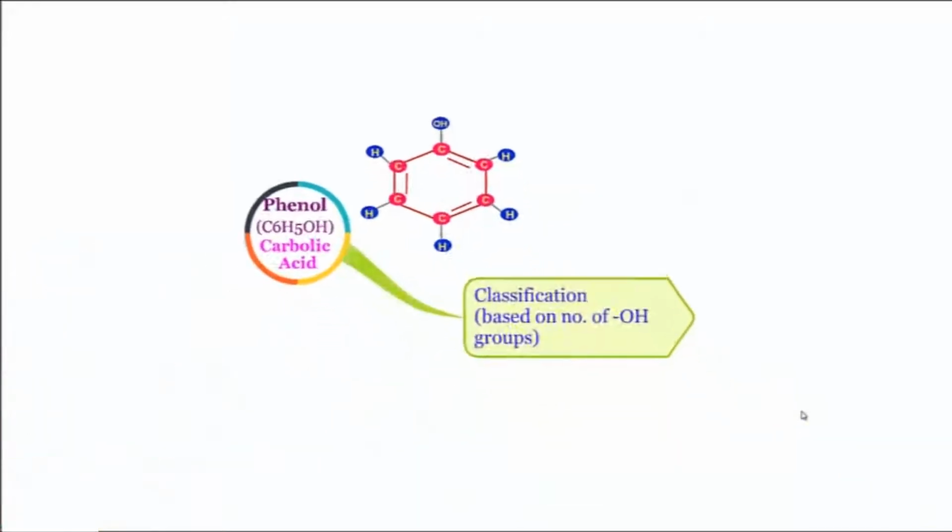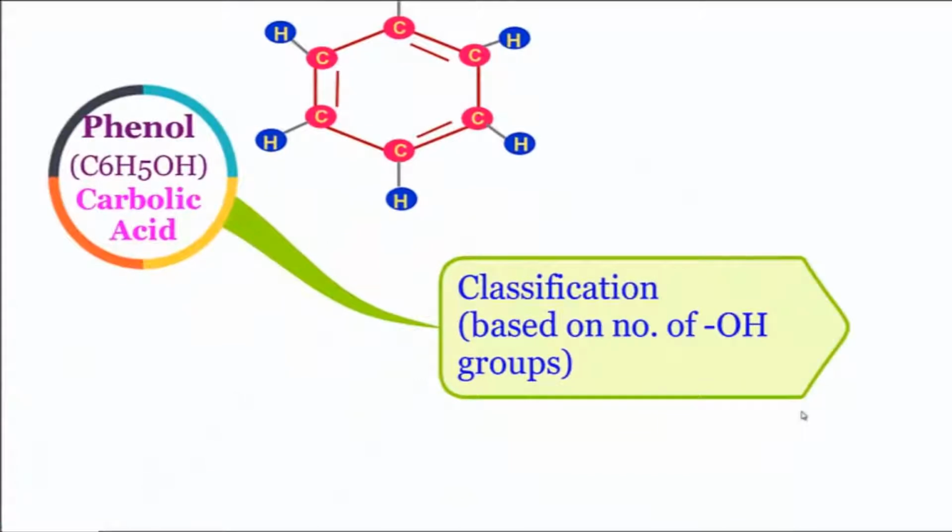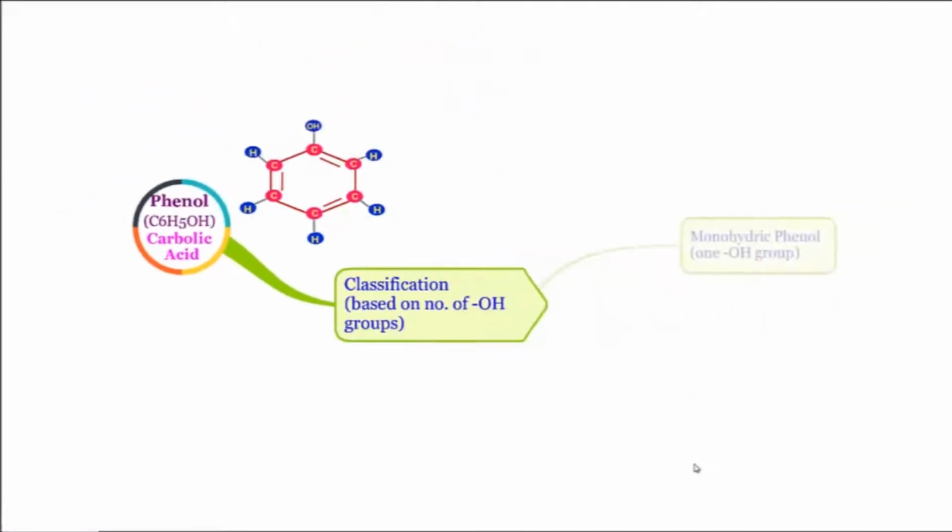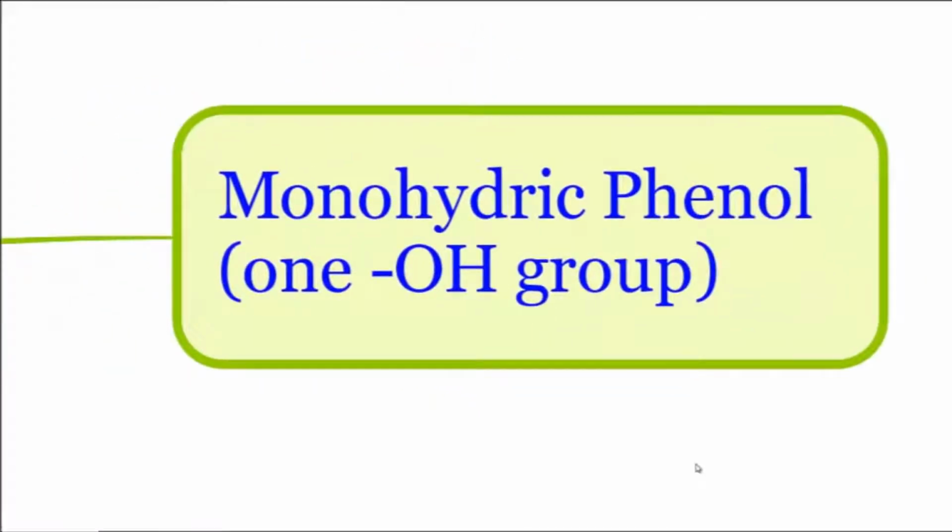Now, let's look into classification of phenol, which is purely based on the number of OH groups present in the molecule of phenol. First category in that is monohydric phenol. As the name indicates, it is containing only one OH group in its molecule.